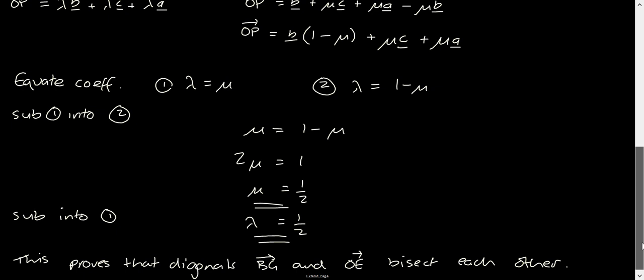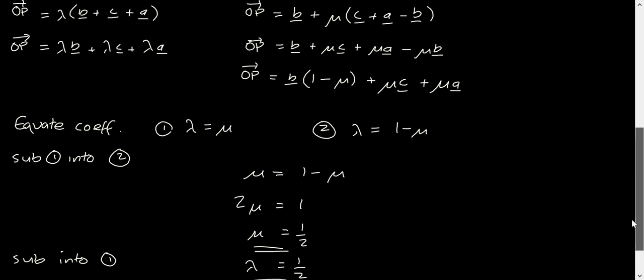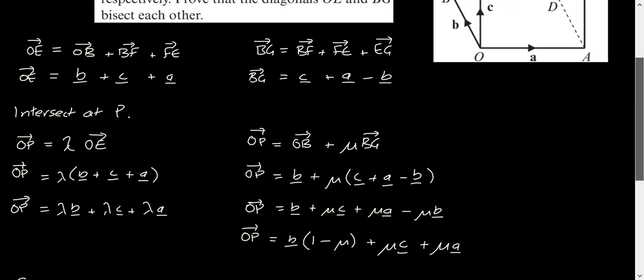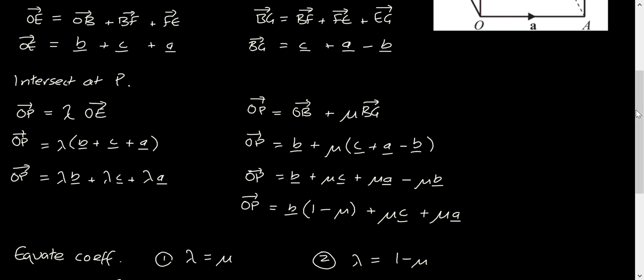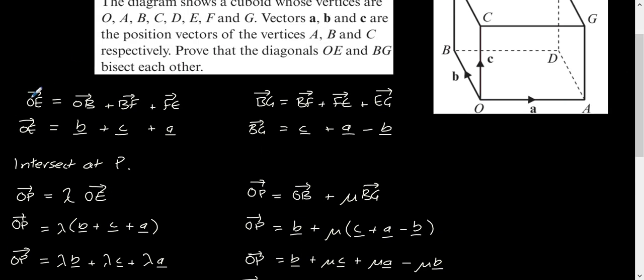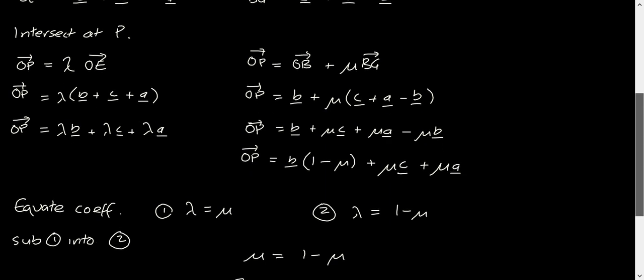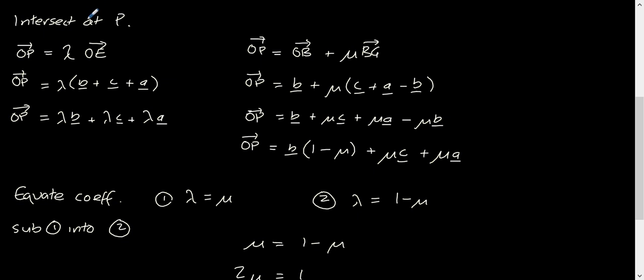That's about as tricky as they get, but there's a process. Let's just quickly look back at the process. Any question involving diagonals, write the diagonals as vectors first. That's what you do. What are those diagonals? Because then you can work with them. If they're going to intersect at a point, you can describe the intersection in 2 different ways, one using each of the 2 diagonals.